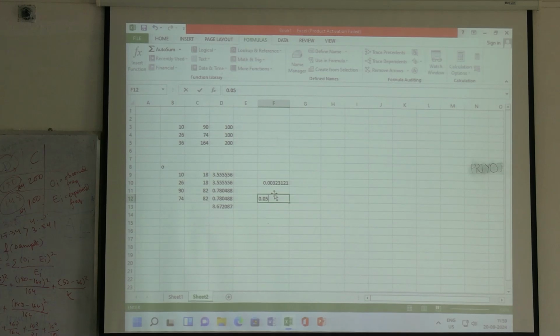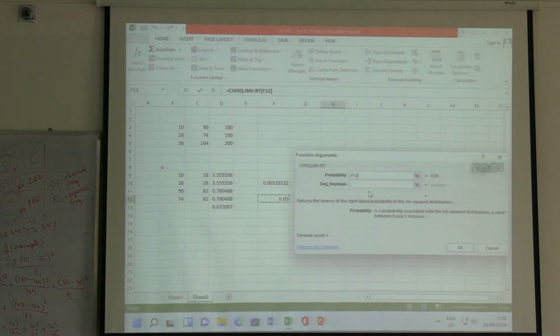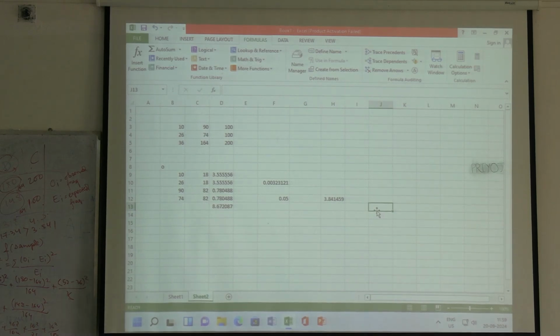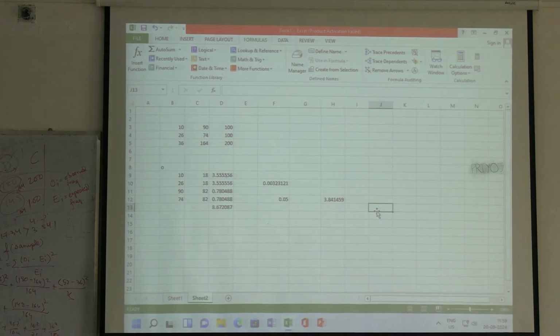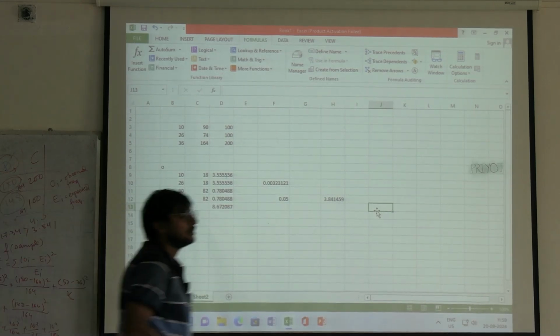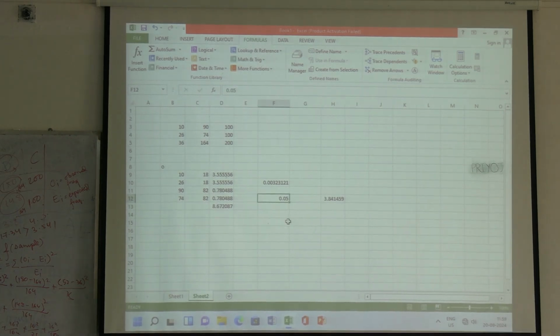Wait a sec, 0.05, enter. See, also if we wanted to compare this, like if chi-square is greater than 3.841 or not, or greater than the critical value or not, what do we do? We just write 0.05 first, that is the cutoff value for the critical point, that is the p value for the critical point.